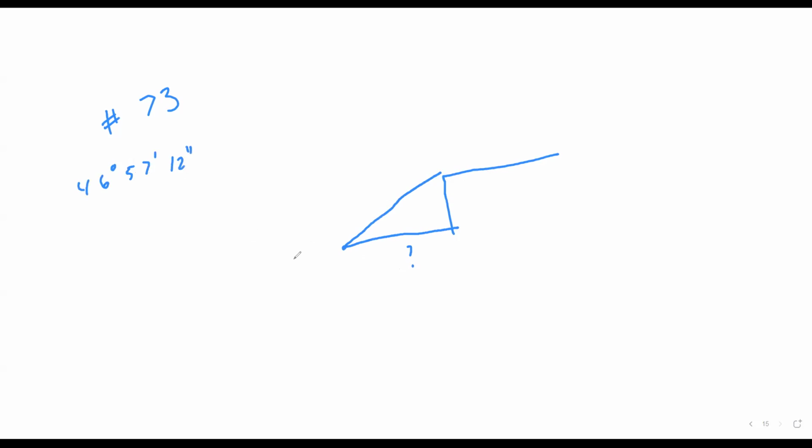Then it says the surveyor then steps back 300 feet and measures the angle of elevation to now be, where are we at, 55 degrees, 37 minutes, and 70 seconds. What is the height of this plateau? So I am trying to calculate what the height is here.